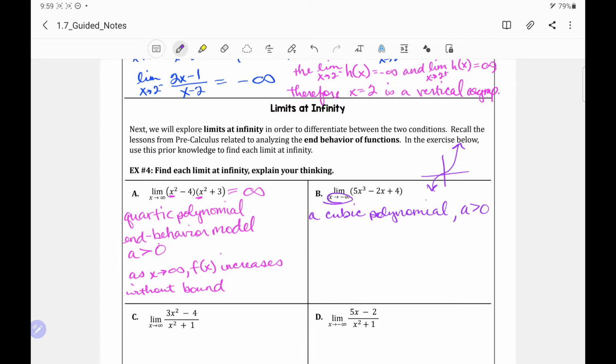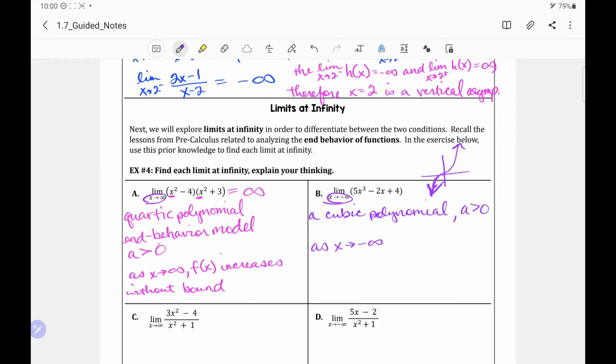Notice right here, I should have pointed this out on the other one. This one is x going to negative infinity. Over here, we were going to positive infinity. So that's why we said as x goes to infinity. On this one, as x goes to negative infinity, what happens to our cubic? It's coming down here, right? Because when we do 5 times whatever cubed, if x is negative, we're going to get a negative, and that's why it's going to go down.